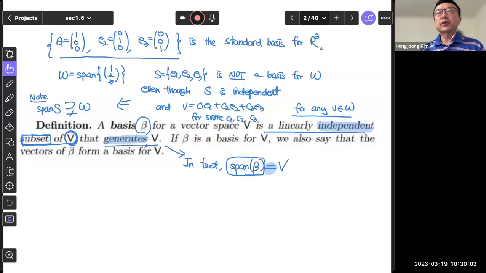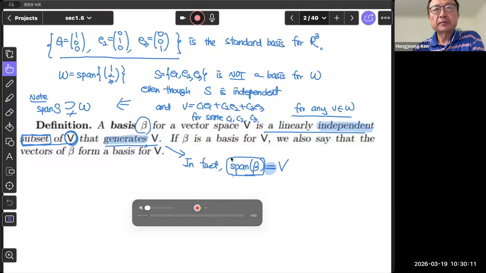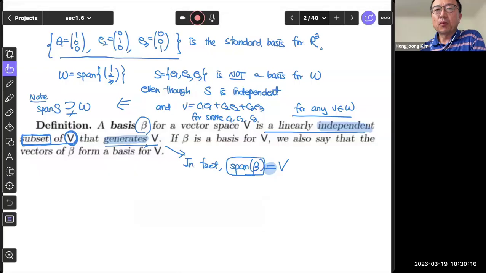Okay, hello everyone. Before we go to the next part, let me review what we considered the other day, especially the definition of a basis. That is important.